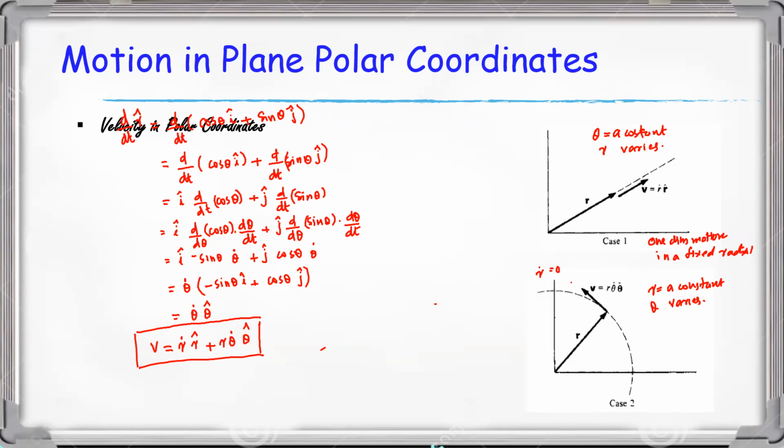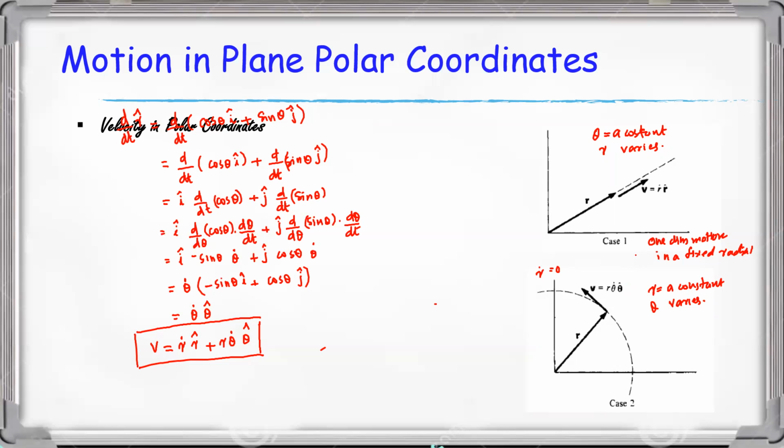So in this case v is equal to r theta dot theta cap. Then what is special about this motion? Look at the figure.